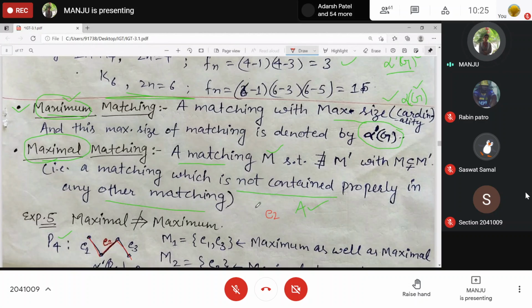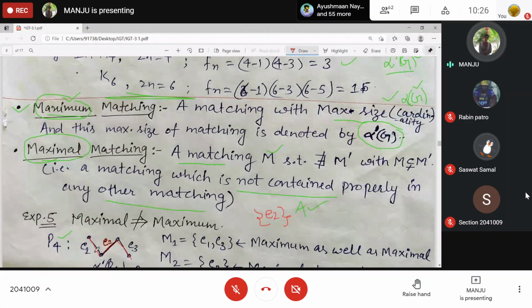What about E2? The matching with E2, is it maximum? See, E1 is also a matching, E3 is also a matching, and E2 taken alone, any set with one edge, is also a matching.